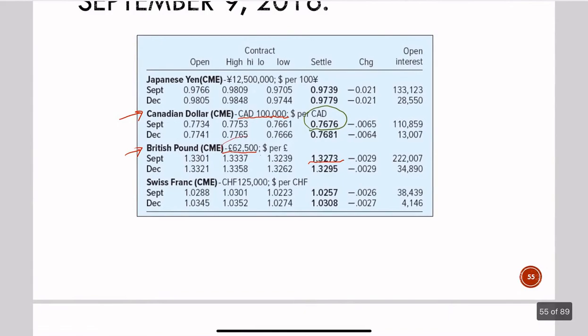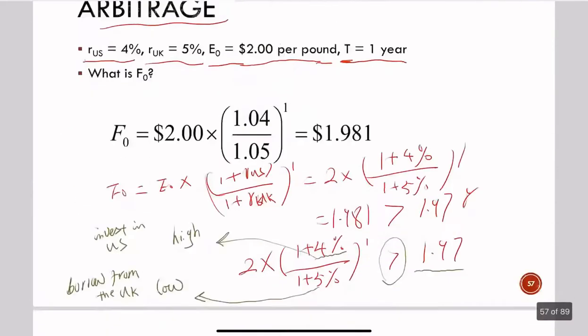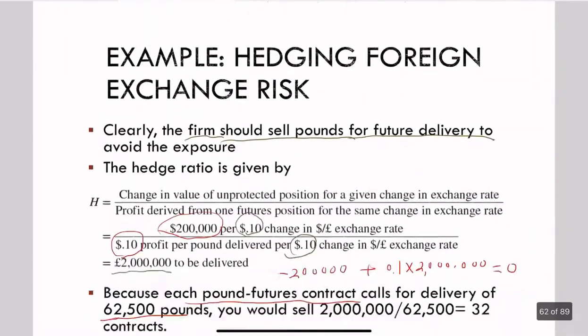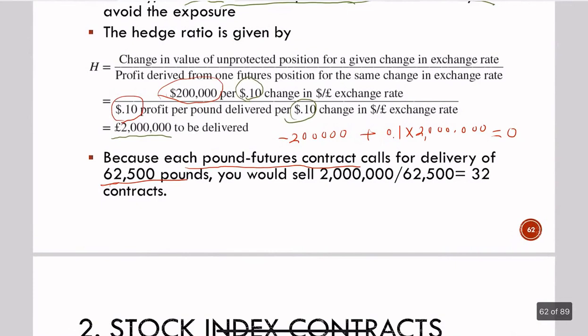So the contract size is 62,500. So per contract, the size is 62,500 pounds. This means if you want to enter your short position, you will have to sell the total amount of pounds divided by the contract size. Right? So you should sell 32 contracts, right?